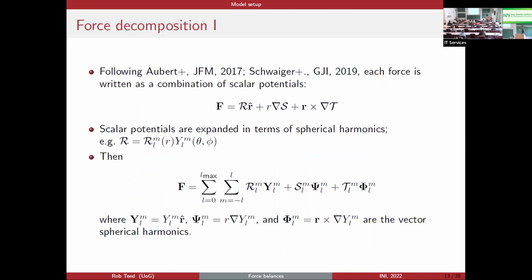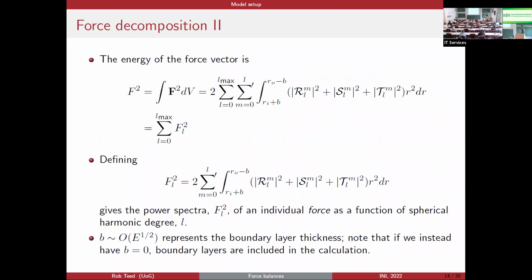as Johannes mentioned in his talk, you can basically write each force in terms of a radial, a spheroidal, and a toroidal part, and then you can expand these things in spherical harmonics nicely. If you do so, you end up with an F subscript L, which basically gives you your forces as a function of spherical harmonic degree.